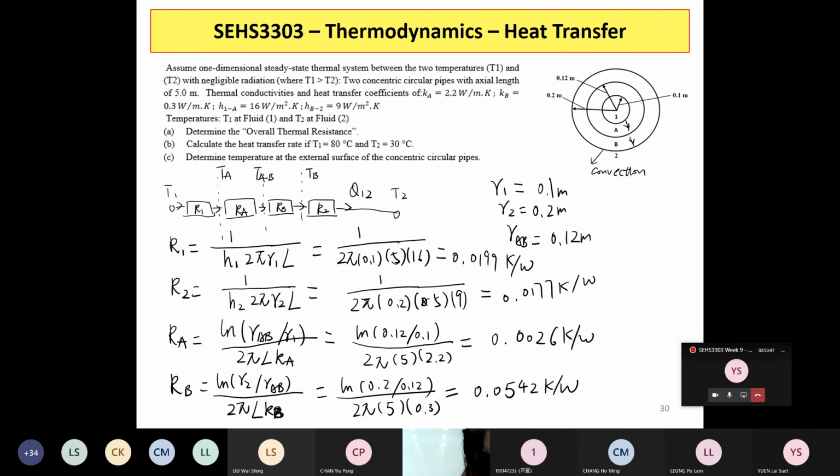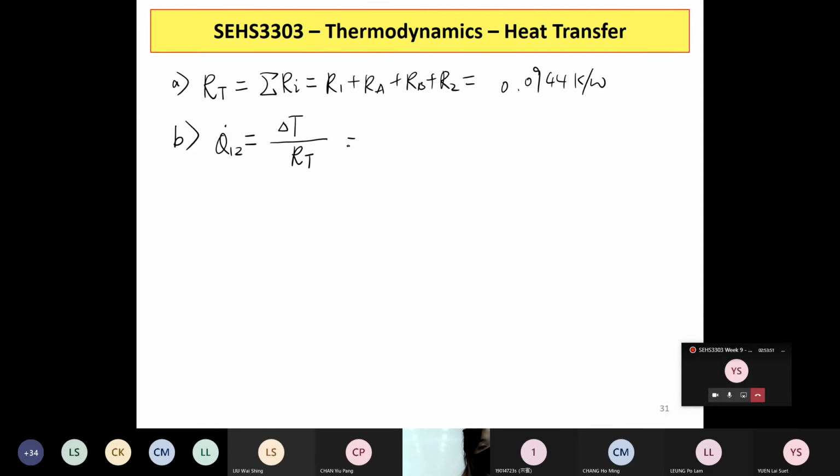Delta T should be T1 minus T2. T1 minus T2 divided by the total thermal resistance. That should be 50 divided by. So what's the number? What's the number for this question?